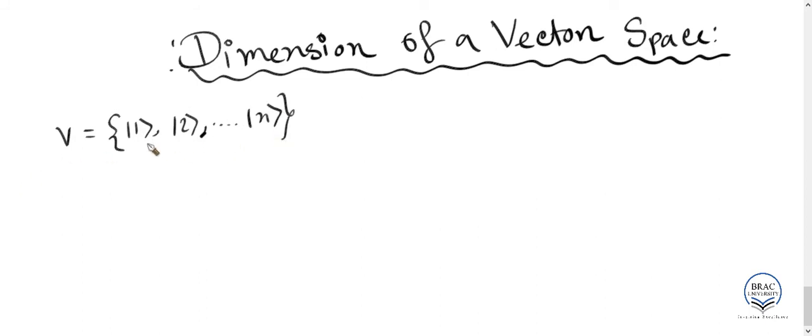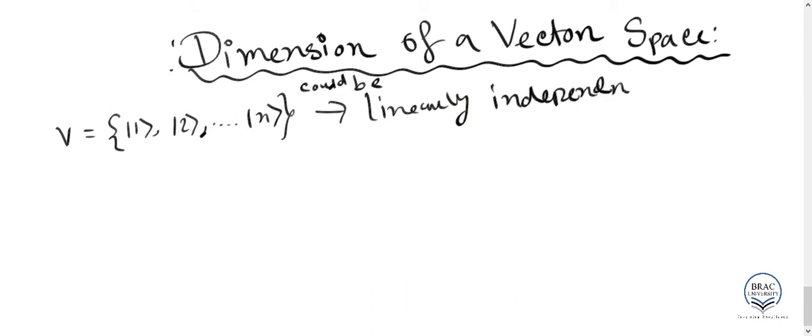and these vectors could be linearly independent or linearly dependent.